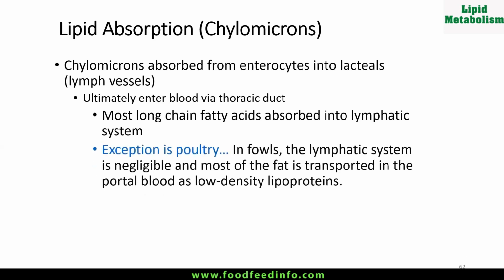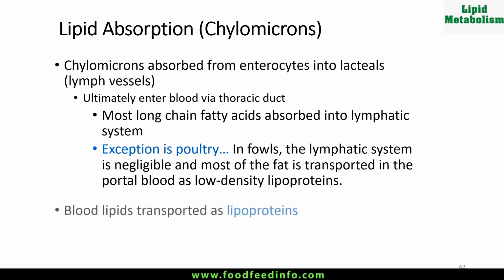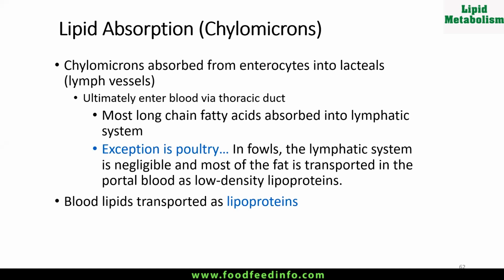However, in case of poultry or fowl, the lymphatic system is negligible, and most of the fat is transported in the portal blood as low density lipoprotein. So it means there is a formation of lipoproteins, and then they are absorbed into the bloodstream. The blood lipids are transported as lipoprotein.